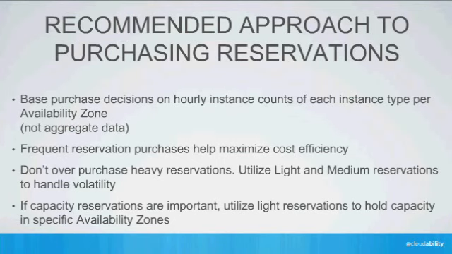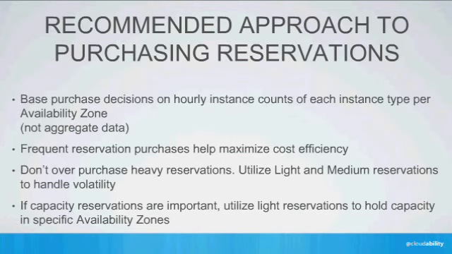Make frequent reservation purchases to help maximize your cost efficiency and give you more levers to pull over time, so that every month or 2 months you can be realigning expiring RIs to your infrastructure. Don't over-purchase heavies. Really leverage lights and mediums to cover the volatility in your usage, especially if you have auto-scaling.